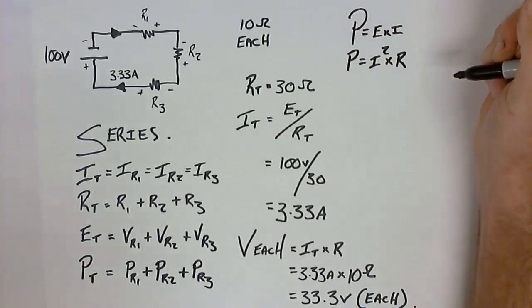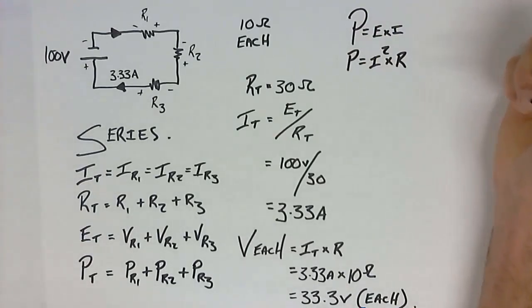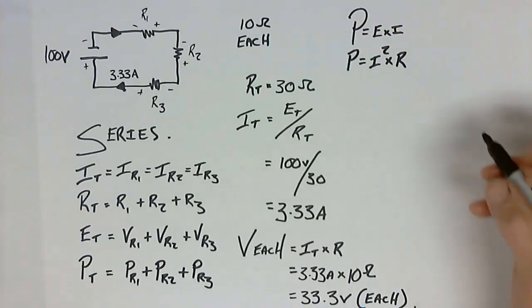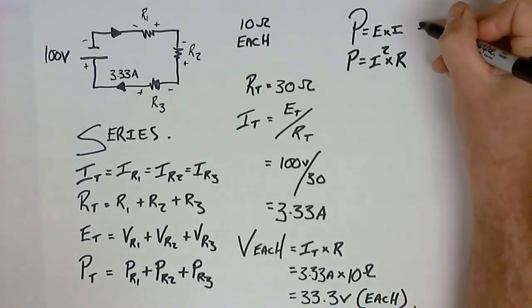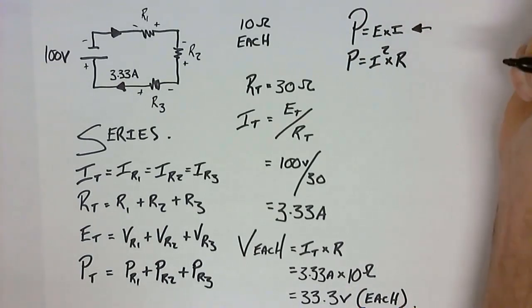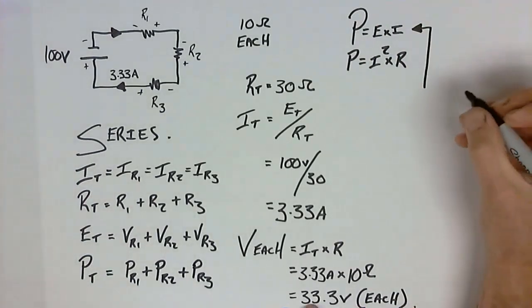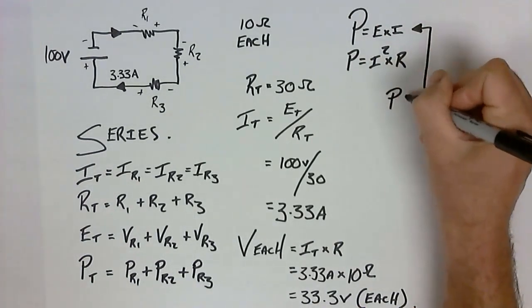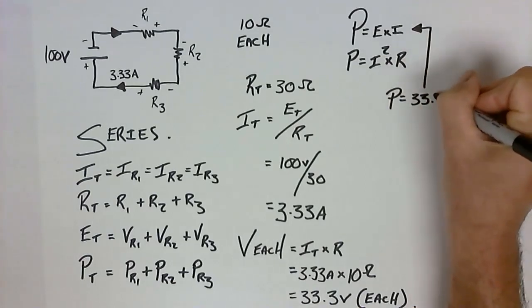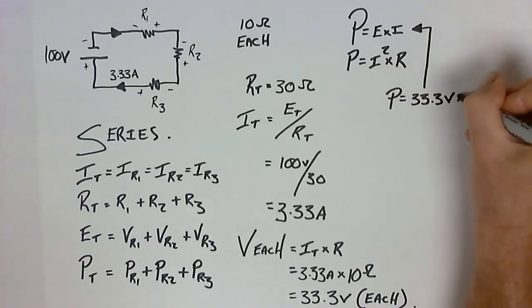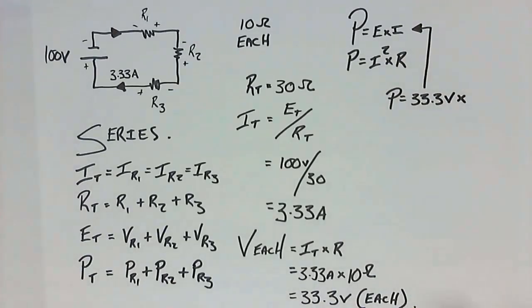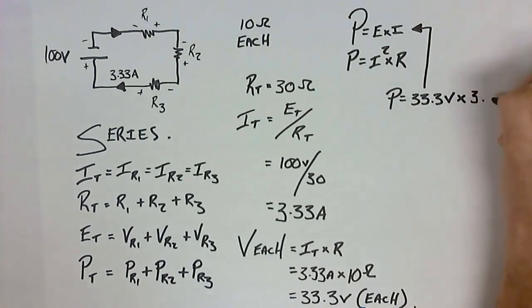If we wanted to work out the power consumed by each one of these resistors, then we could take this formula here, simply because it's easy, and we could then take the voltage of one resistor times the current through one resistor. Well, the voltage across one resistor is 33.33 volts times the current that flows through it of 3.33 amps.